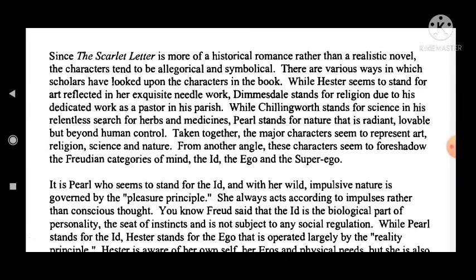From another angle, these characters seem to foreshadow the Freudian categories of mind: the id, the ego and the superego.